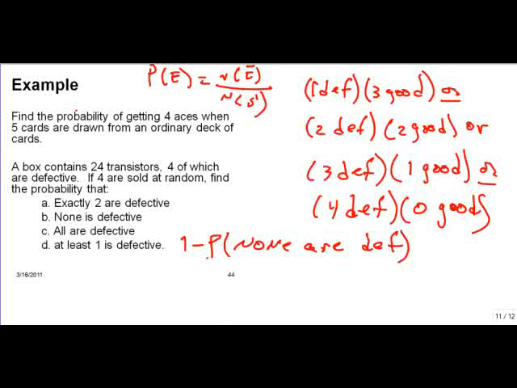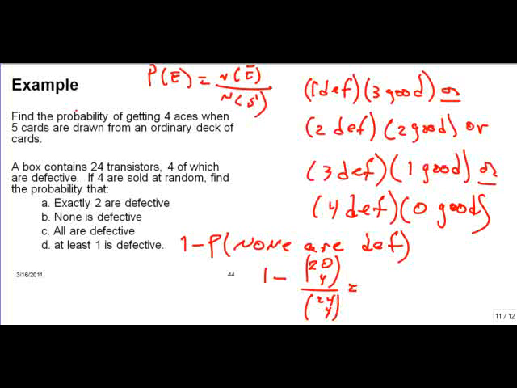I think this is a little easier to compute, because the probability that none are defective means that you chose all the good ones. We know that there are 20 good ones, we want to pick 4 of them, and order does not matter, divided by all possible outcomes, so that's 24 choose 4.